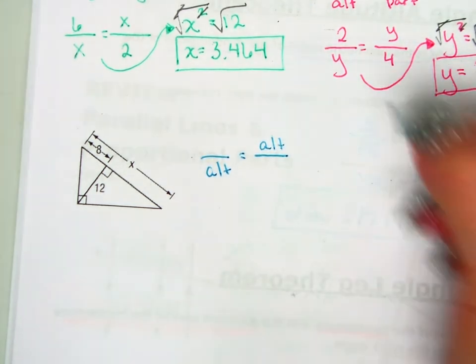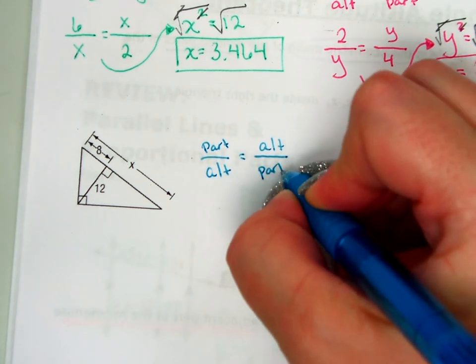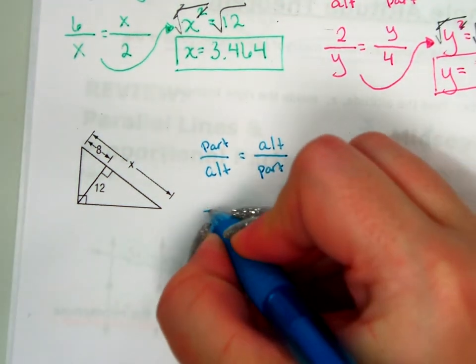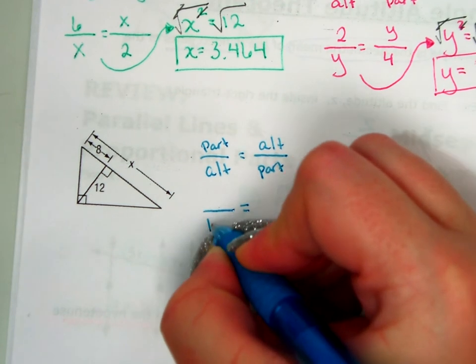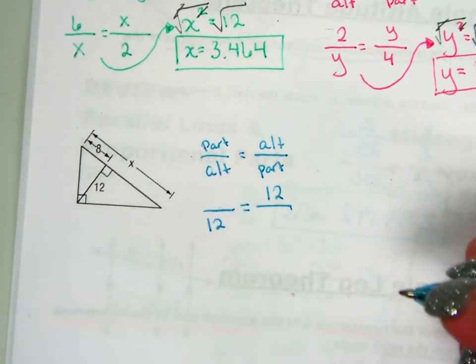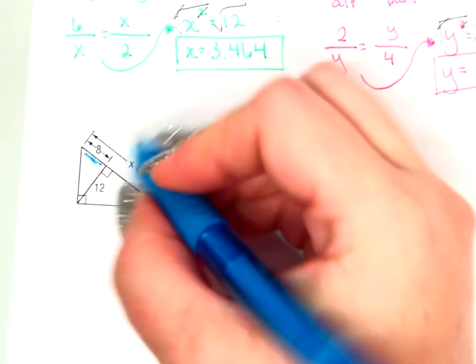Altitude equals altitude. And then remember that goes with part A and part B. So, when I fill this in, my altitude is 12. And my parts are 8 and x minus 8.